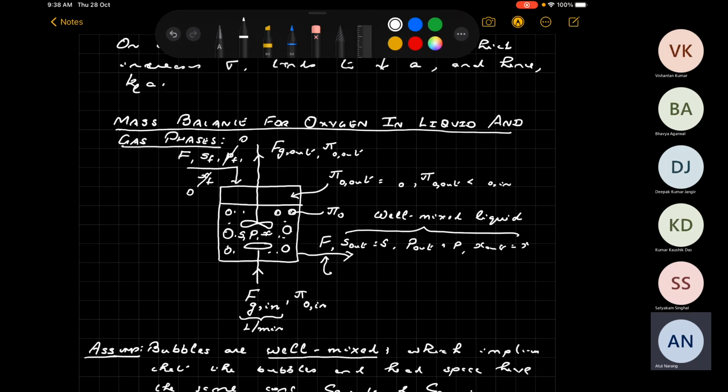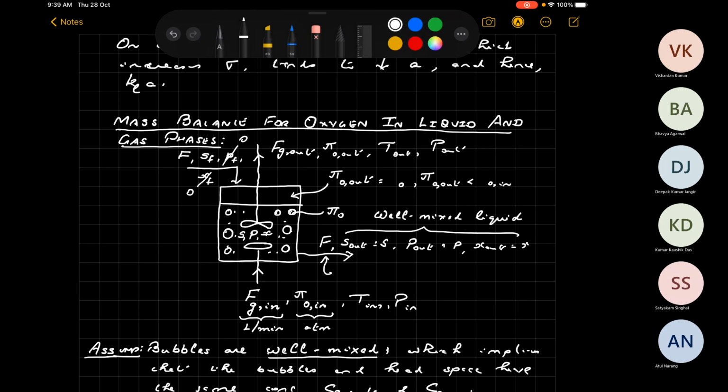And the partial pressure, this is in, of course, atmospheres or whatever the unit of pressure you choose. And there are other things you need to remember, like there is an inlet pressure and an inlet temperature. And this is T out and P out, and these will be required later on when we use the ideal gas law.